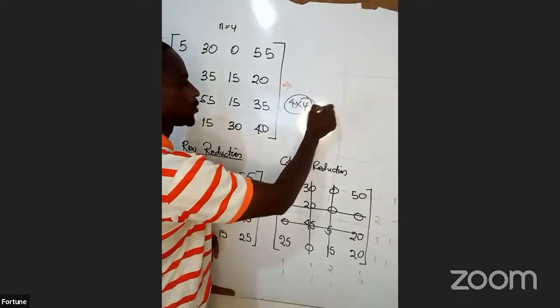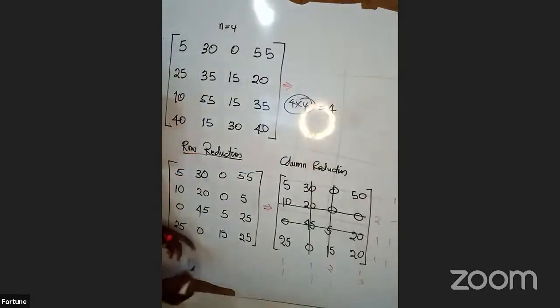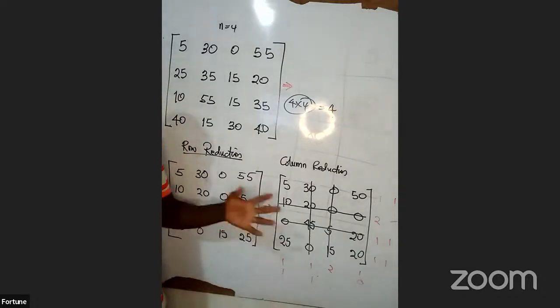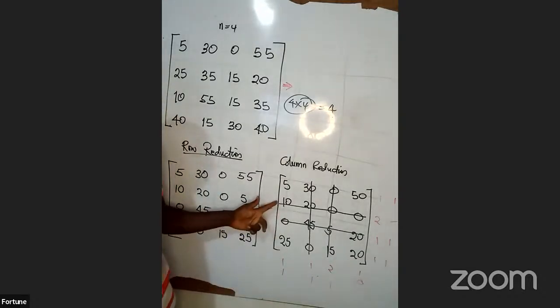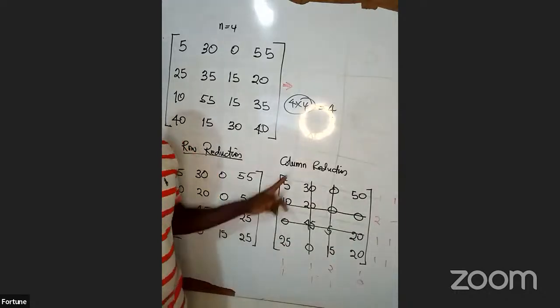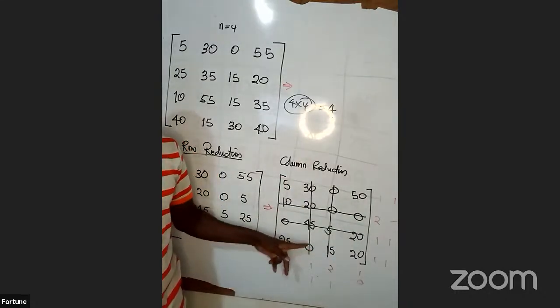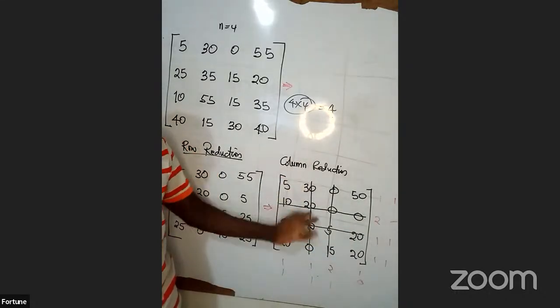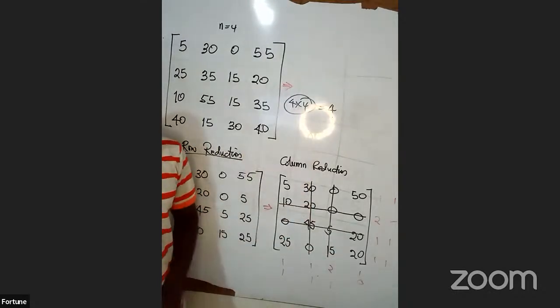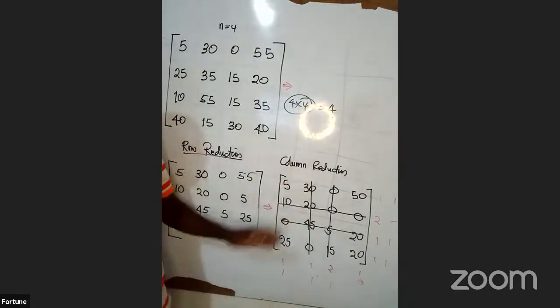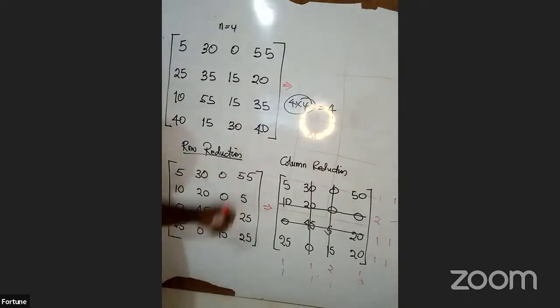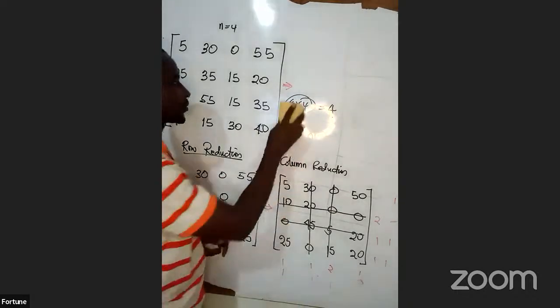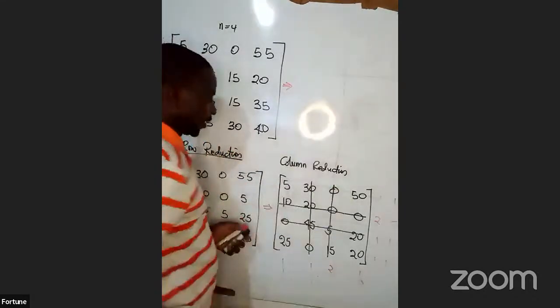The dimension of the matrix is just 4. So to reach an optimal solution, you have to have 4 lines canceling out. Once you have 4 lines canceling out, it means you can assign. So at this stage, we can assign. Let's do our assignment.